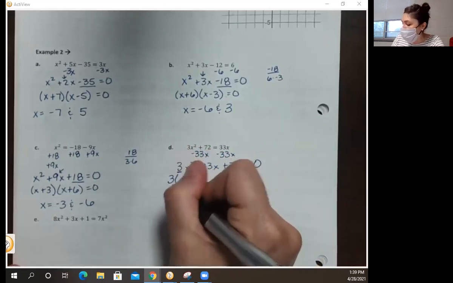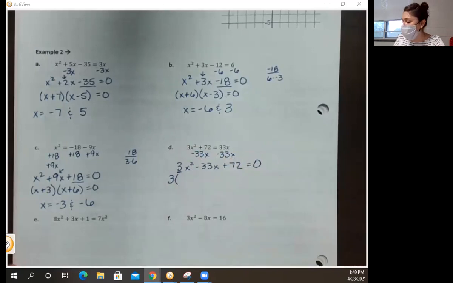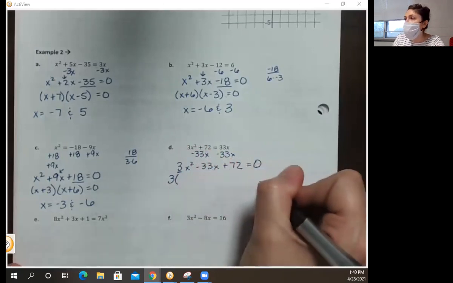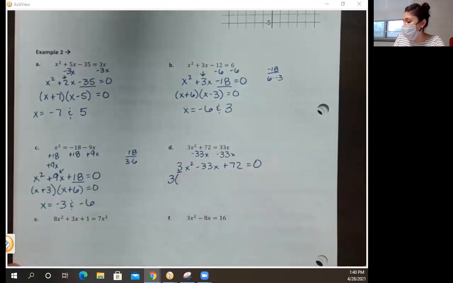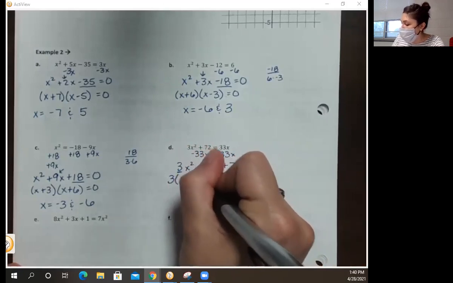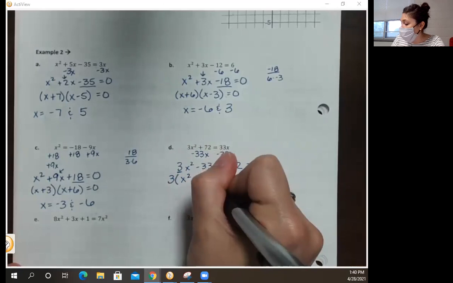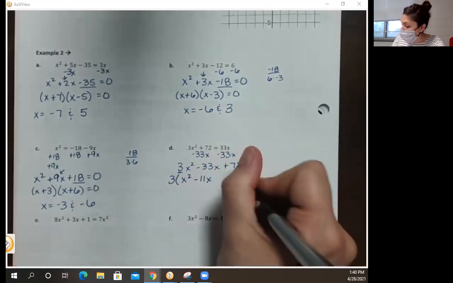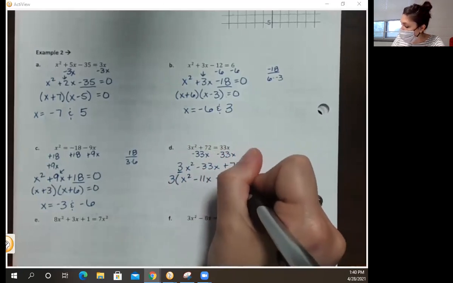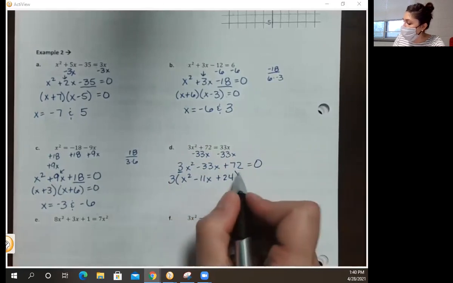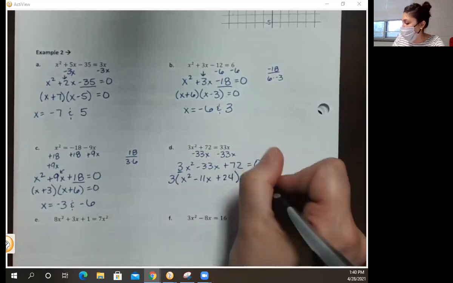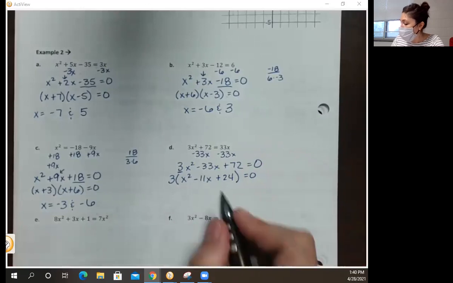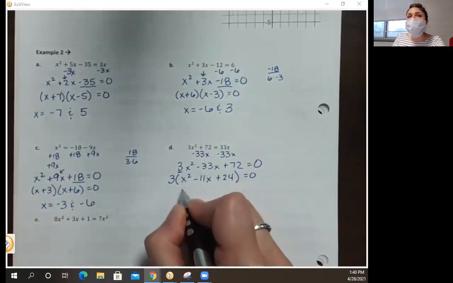So I'm going to pull my 3 out in front, since it's my common factor, and then I'm going to write what's left over. I divide that out of each term. So this would be x squared minus 11x plus 24. That's what's left over when I divide all these terms by 3. And now this thing we've actually already factored today.